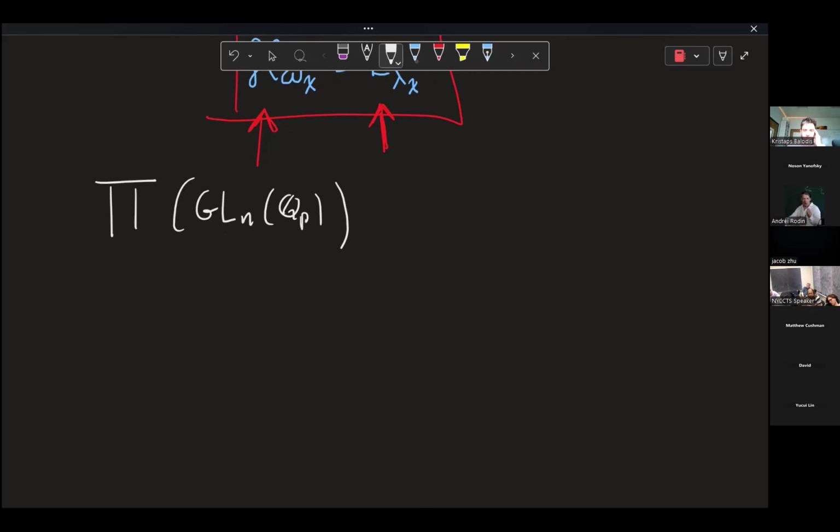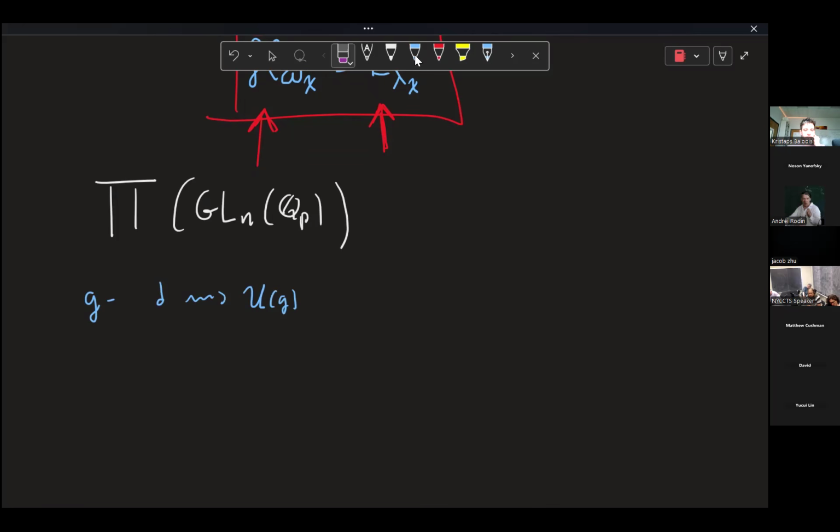So the original version of the Kazhdan-Lusztig hypothesis, not the p-adic version, but the original one for complex groups, you're studying basically representations of a Lie algebra g. And you say, okay, well, studying representations of the Lie algebra is basically the same as studying modules.